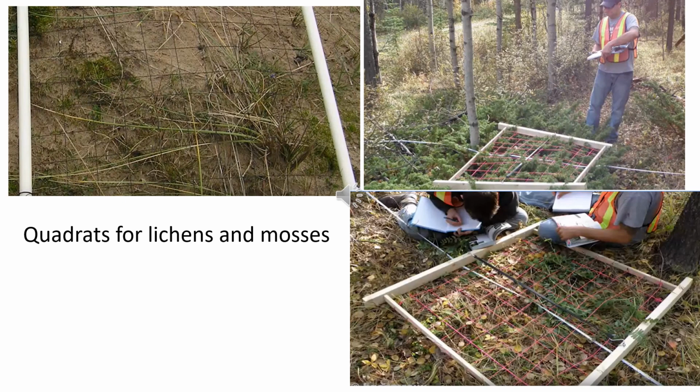When you want to sample small organisms like lichen, fungi, algae, etc., you can use quadrates on the ground. I told you this is very useful for small spaces. If you want to take the sampling method by quadrate or transect, you choose smaller areas.